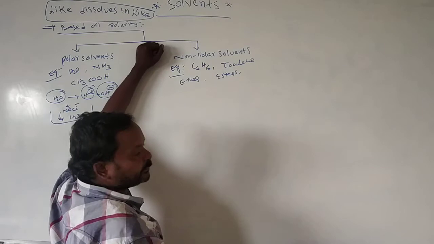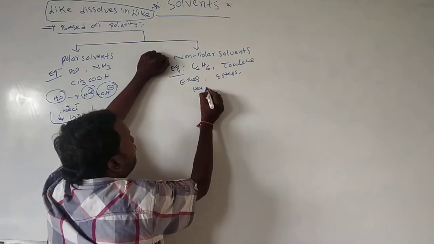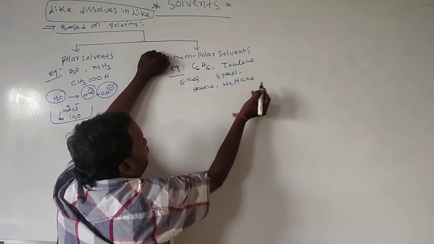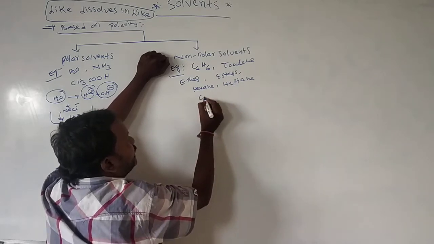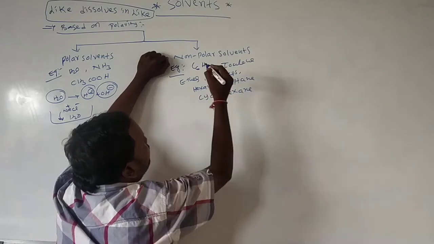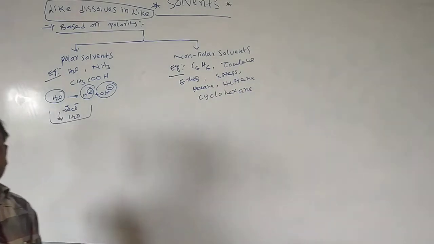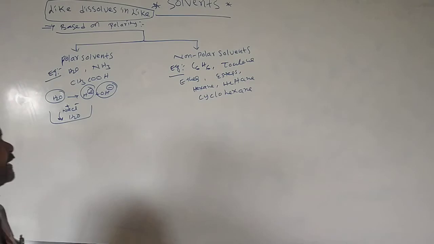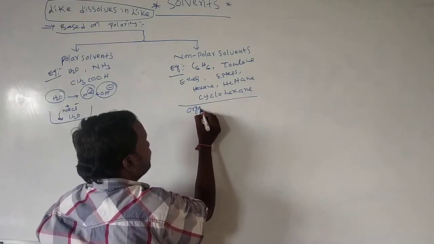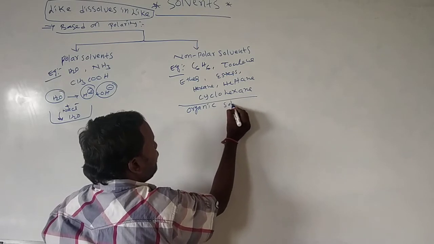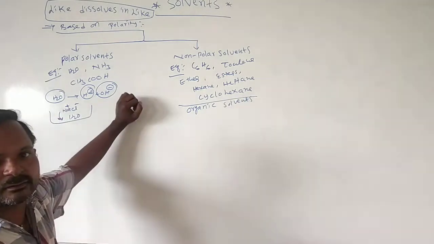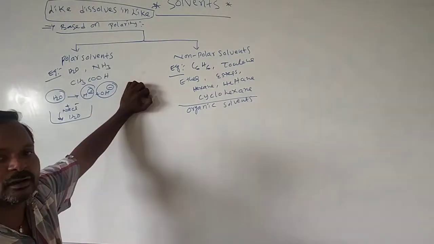So many are there. Hexane, heptane, cyclohexane. All these are the best examples of non-polar solvents. Most of the organic solvents are non-polar solvents.